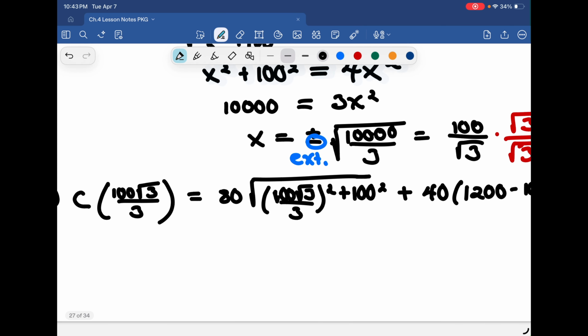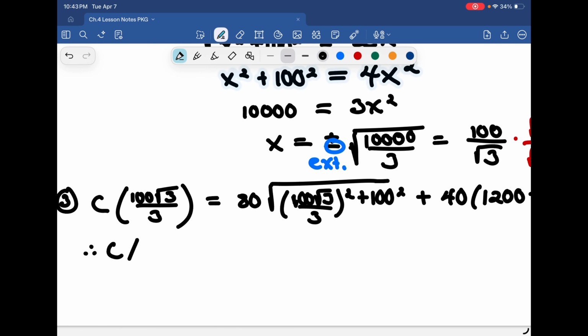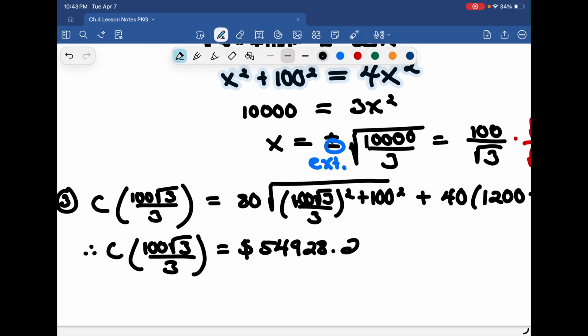When I solve this, I'm going to end up getting that therefore the cost when the length away is 100 square root of 3 over 3 is equal to, to the nearest tenth, 54,928.2, and this is the absolute minimum cost.